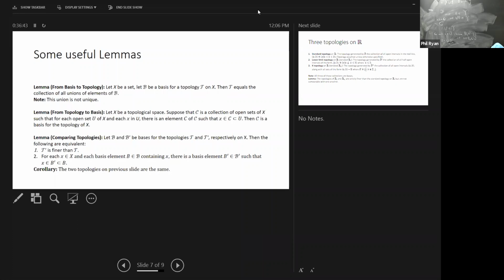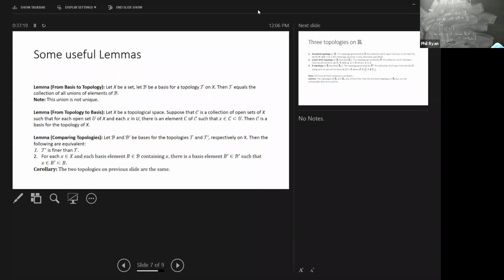So if you have a topological space and we have a collection C of open sets of that space, such that for each open set U of X and for each element of that open set, there is an element of that collection C that contains that element and is contained within U. If you can do that, then that collection C turns out to be a basis.